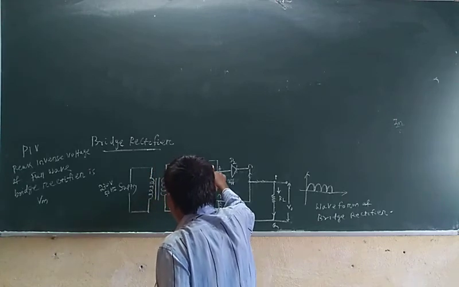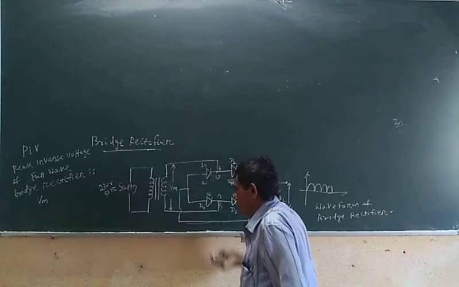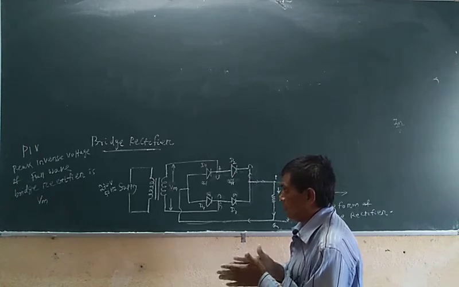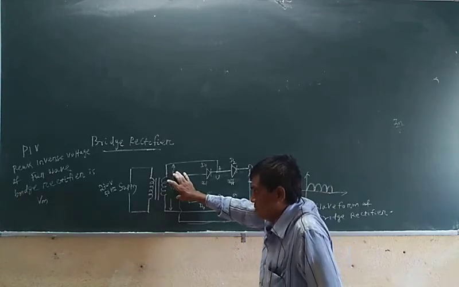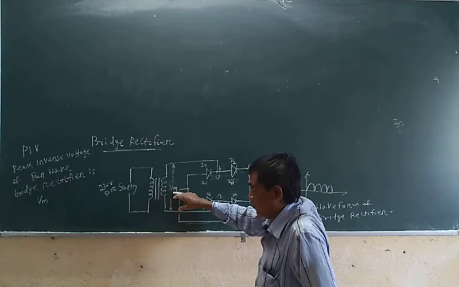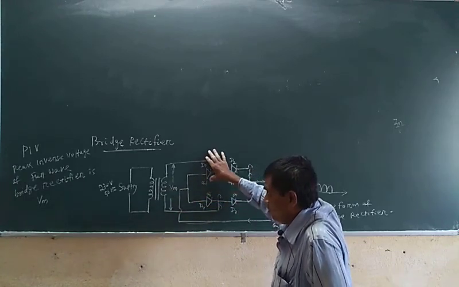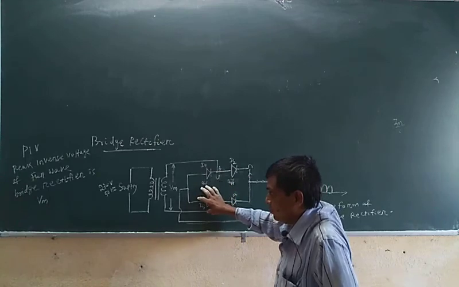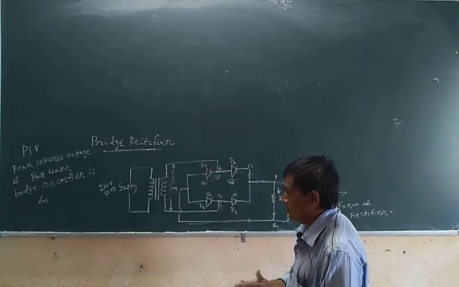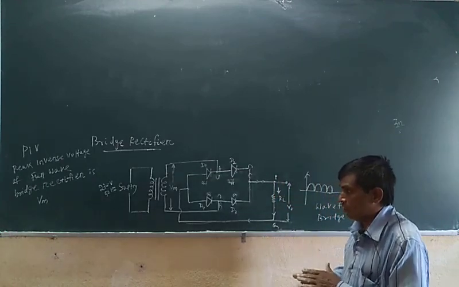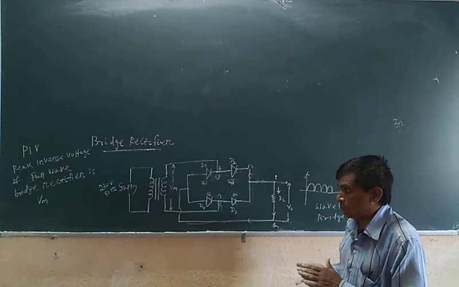The diode, how much reverse voltage it can tolerate, that is VM, meaning the maximum voltage of the secondary winding of the transformer applied to diode D1 or D2 or D3 or D4 in reverse condition, its tolerance value, that is the peak inverse voltage.